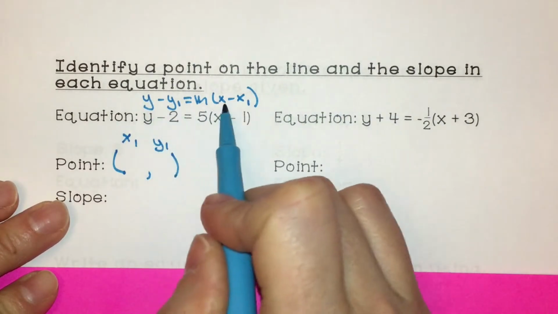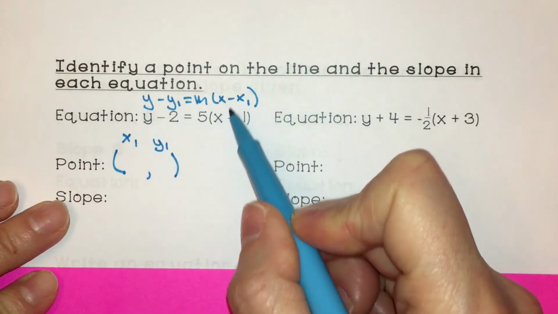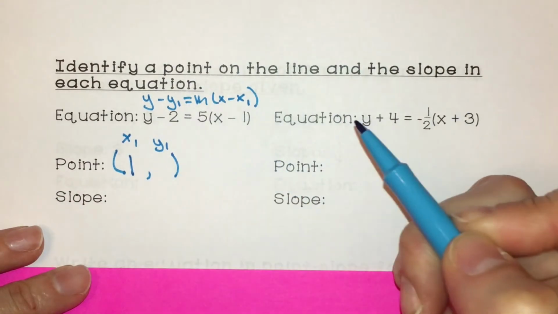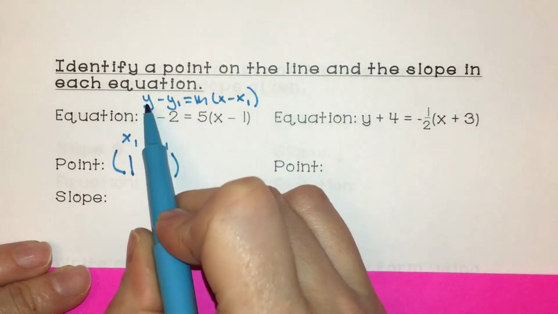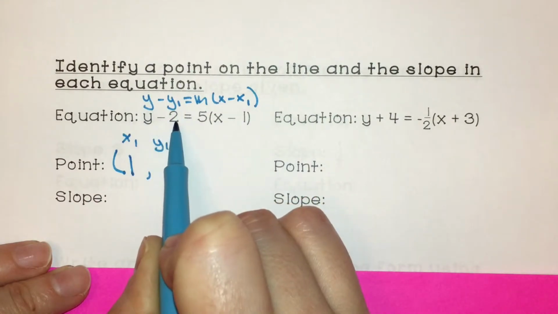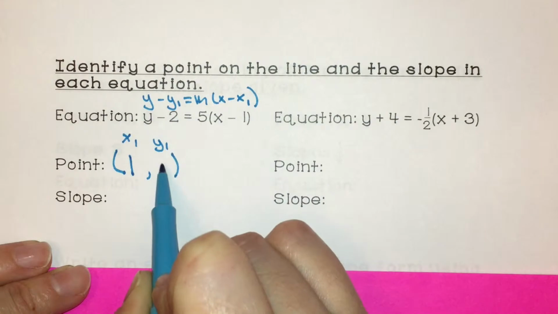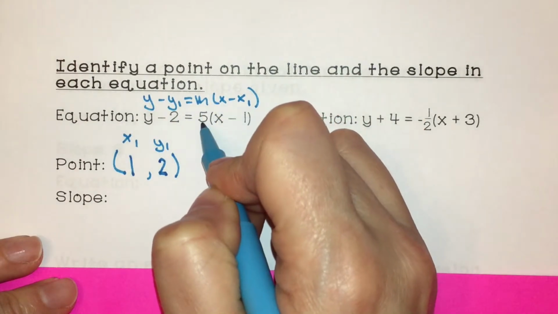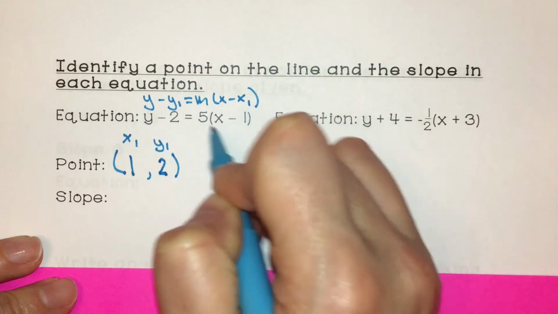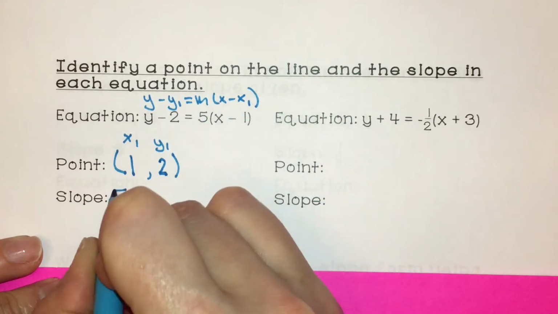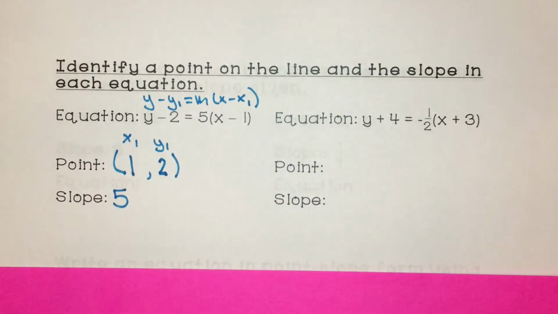If I look at the formula, over here we have x minus x sub 1, meaning my x sub 1 value is just 1. The y sub 1, y minus y sub 1. Here we have y minus 2. That means the y value is 2. Slope, that's the number multiplied by my x minus the x sub 1 value. So my slope is 5. That's all you have to do.